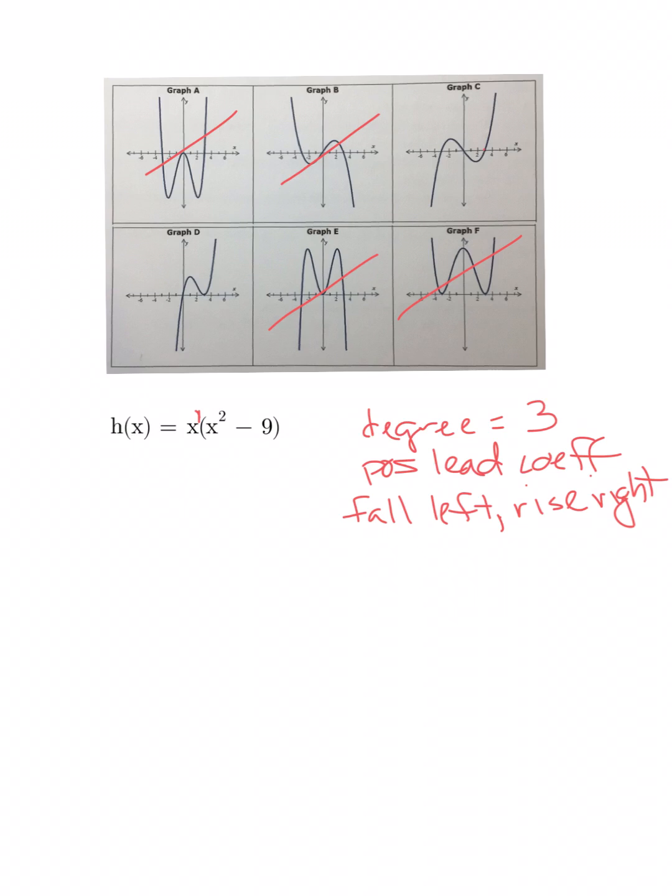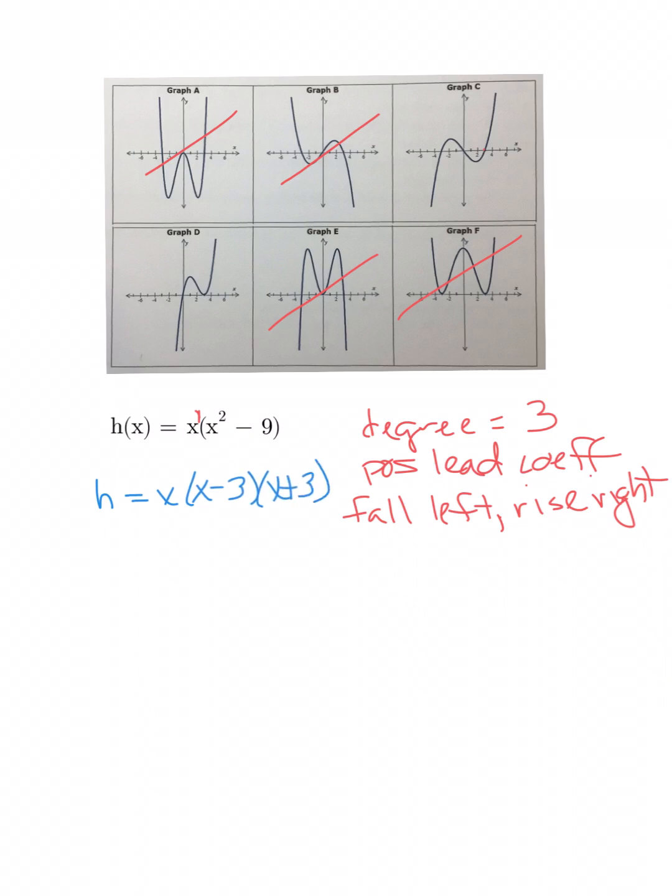To help us figure out which one we need, we want to factor this, find our x-intercepts, and where we touch or cross. Notice that your quantity is a difference of squares, so your function of h can be rewritten as x times x minus 3 times x plus 3.